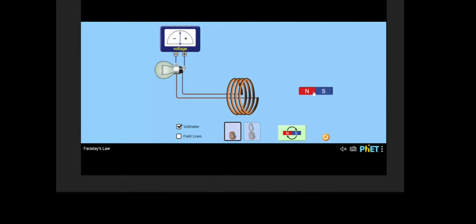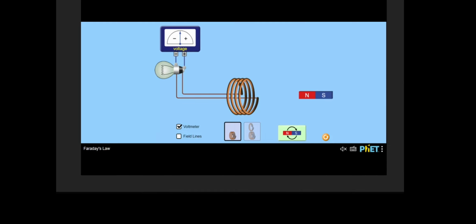So let's predict before we do it what direction. If we're going to put a north pole into the coil, let's use Fleming's left-hand rule to prove what direction it will go. According to Lenz, because we have a north pole coming into the coil, the coil will generate a magnetic field of itself to oppose that motion.